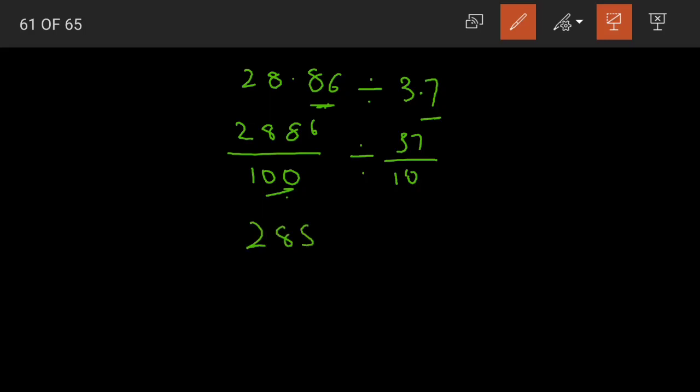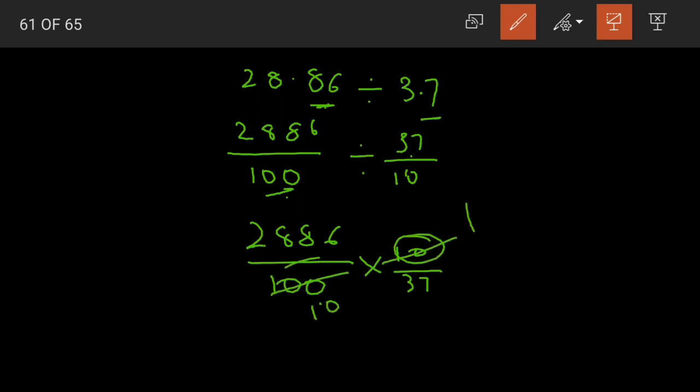How will we do it? 2886 divided by 100 into, we write the reciprocal, 10 by 37. Now if you look at 10 and 100, we have 10 ones are 10 and 10 tens are 100. Yes children, you keep the 10 as it is, or if you want you can multiply as well.